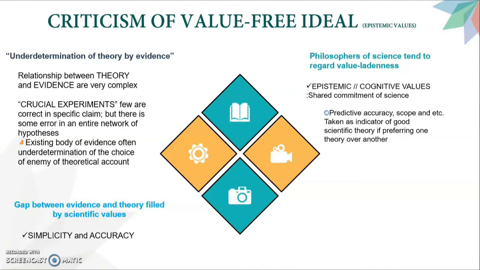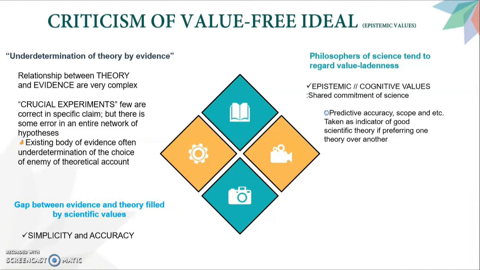of epistemic values. The first criticism is underdetermination of theory by evidence. The relationship between theory and evidence is very complex because the existing body of evidence does not pick out a unique theoretical account of that domain.